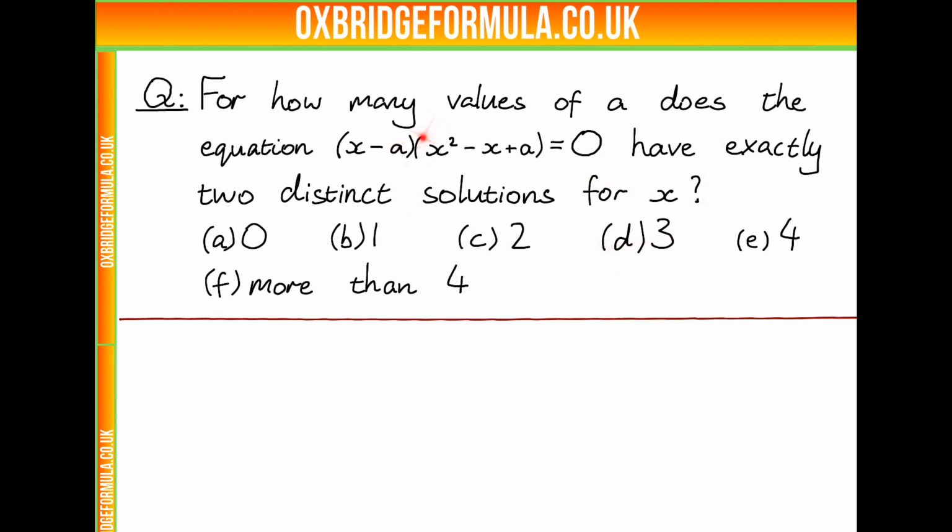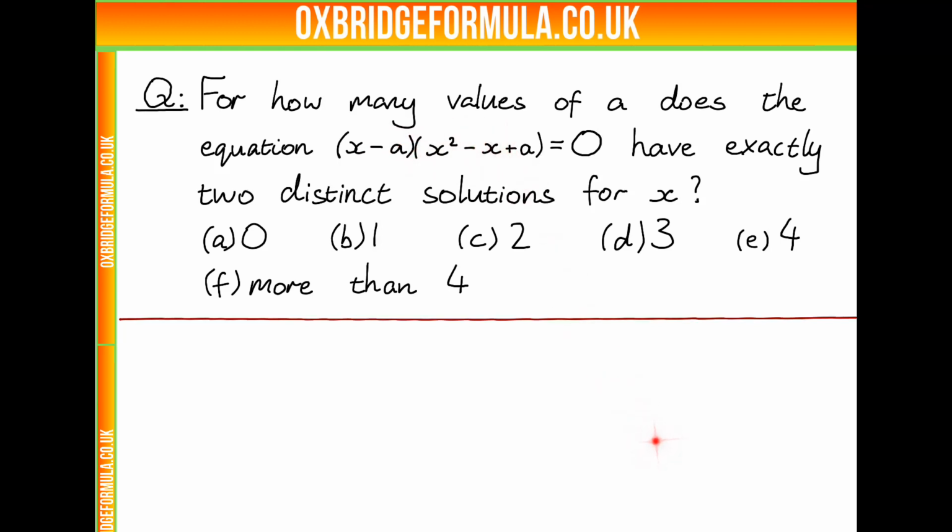And also, if a is one of the roots of this quadratic, and the other root is distinct from a, then our two solutions will just be a and this other root, because a will be the repeated root in that case.